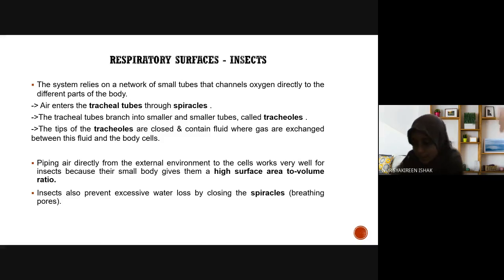Okay, spiracle tu holes, lubang-lubang halus lah untuk oksigen masuk. Okay, oksigen masuk, carbon dioxide keluar lah. So the tracheal tube branch into smaller and smaller tubes called tracheoles. Okay, so the tips of the tracheoles are enclosed and contain fluid. Kenapa contain fluid? Sebab syarat untuk respiratory surface, they must be moist.